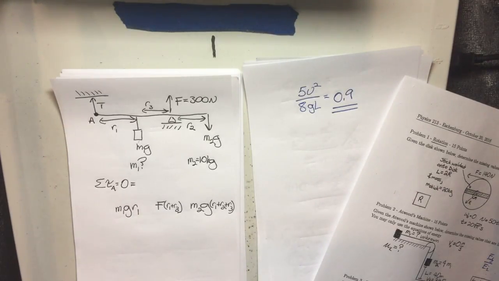F is to the right, F is up. Thumb points out. So that's positive. M2G to the right, force is down. Thumb is in. That's negative. So it's negative, positive, negative.